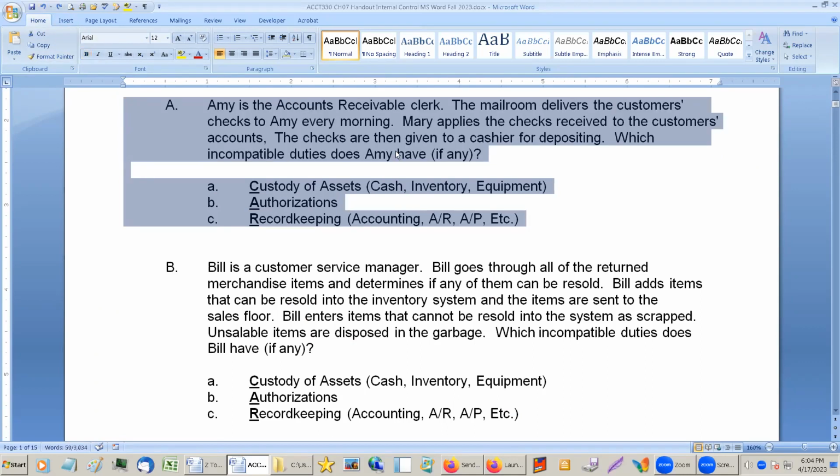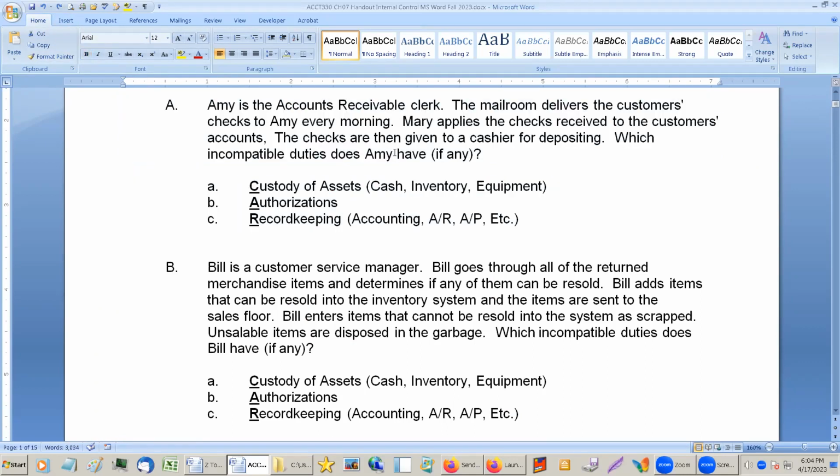Amy is accounts receivable clerk. Amy's accounts receivable clerk in the mailroom, delivers the customer's checks to Amy every morning. Change this to Amy.